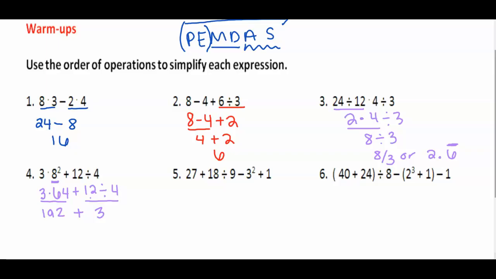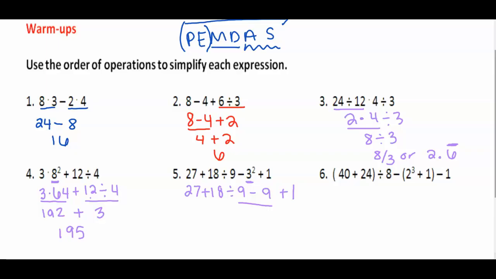So 192 and adding 3 to that is 195. And number 5, again, left to right, the first thing that happens is exponents. So 3 squared is 9. Here's where everybody tries to cancel these together.